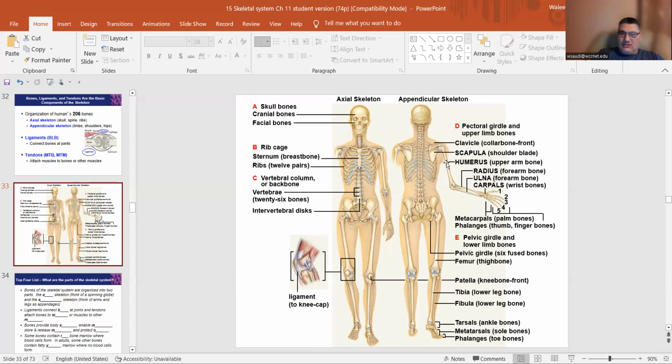This is called the humerus, ulna, radius, wrist bones, phalanges, vertebral column, ribs, pelvic bone or hip, femur, tibia, fibula, tarsal or ankle bones, phalanges. Okay? You do need to know those, not in full details, but you need to know the basics, and I will show you again. There are other pictures that I'm going to show you.